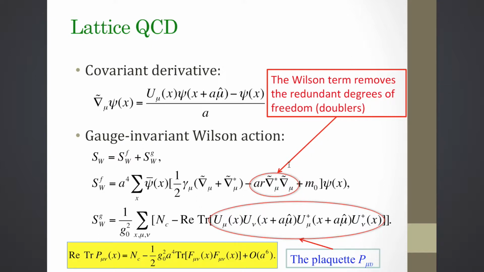The Wilson term is introduced to remove the redundant fermion degrees of freedom, which are called doublers. I will not discuss the origin of the doublers and their problems, but just want you to note that the parameter r is arbitrary and usually it's set to 1.